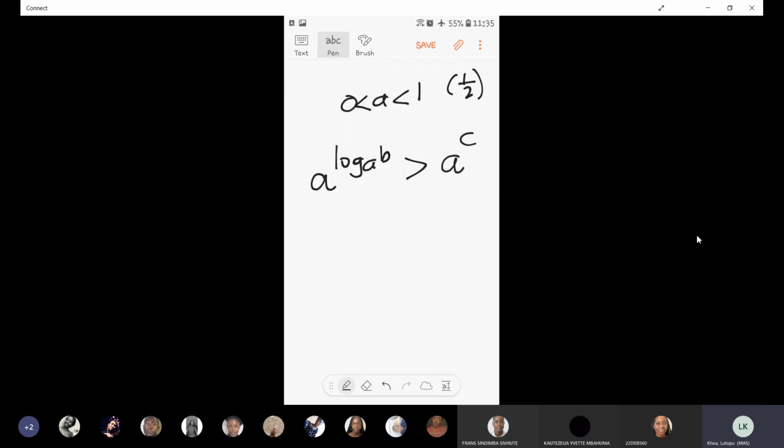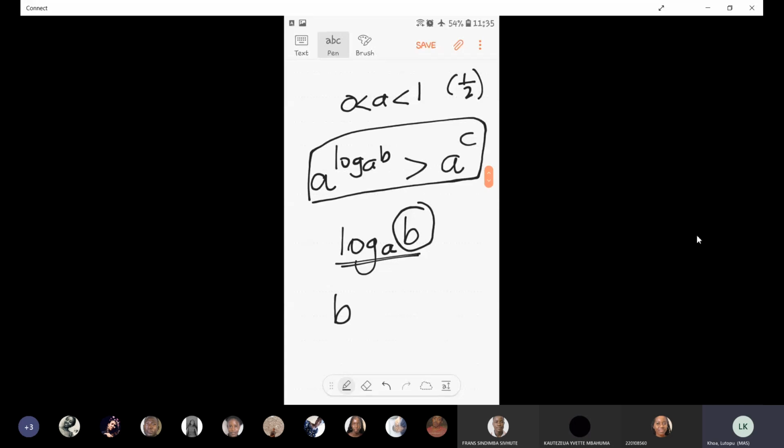And then we always have to keep in mind that our logarithm, log base a of b, must be defined. Now this logarithm is defined when our argument is greater than 0. So we need to ensure that on top of what we calculate over here, our argument must be greater than 0. So we're combining these two.